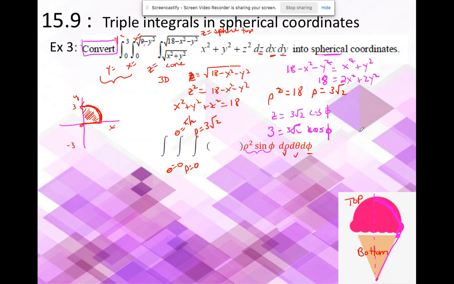So cosine phi is equal to 3 over 3 root 2, which is 1 over root 2, who has a cosine of 1 over root 2? Pi over 4.